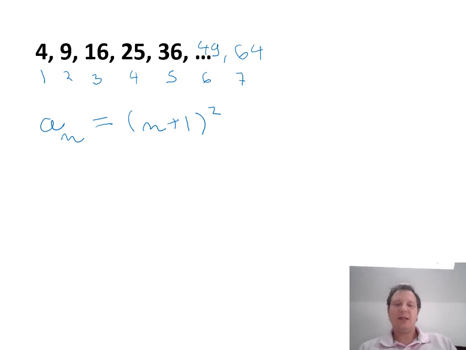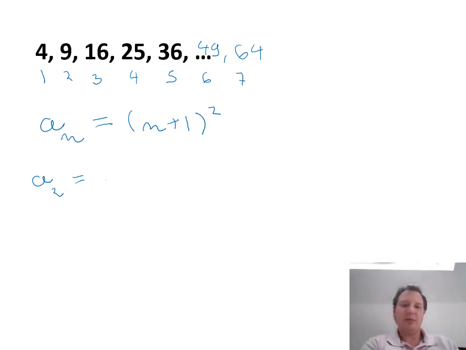Now let's try to write down the recursive form. I find that it helps to write down the first couple of unravelings of the recursive form to help us spot the pattern.